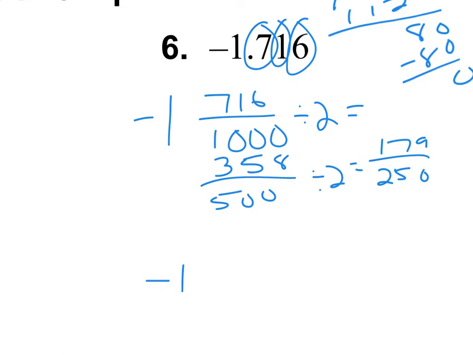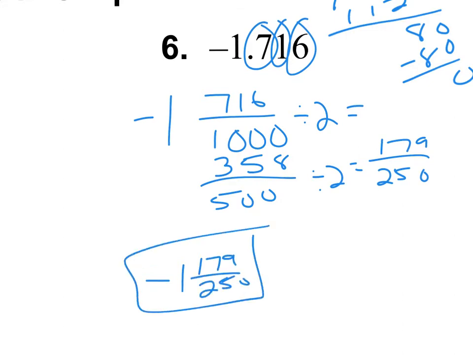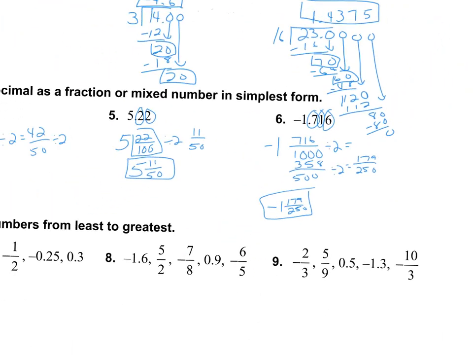So 1 plus 7 plus 9 for 179. Okay, 4, no, 5, and if you keep on going, you should figure out that 179 is prime. There's nothing that's going to go into it. So my answer is negative 1 and 179 over 250. There is your answer. Okay.